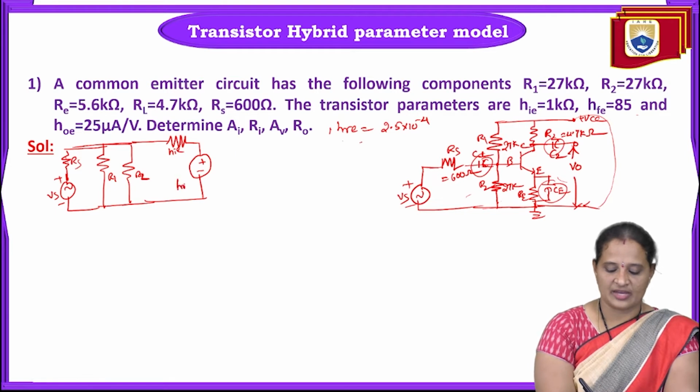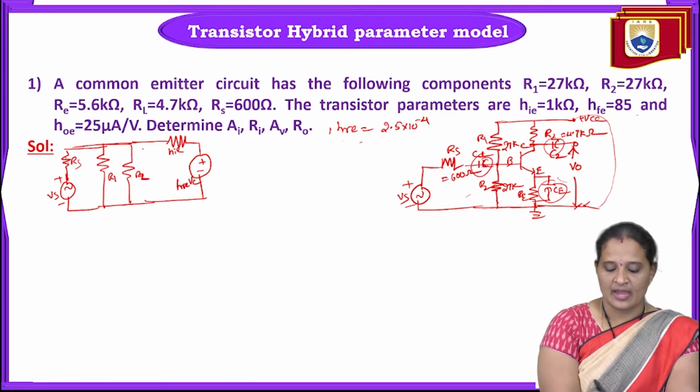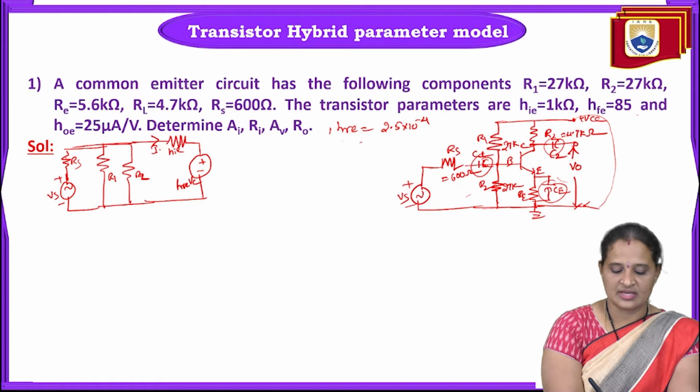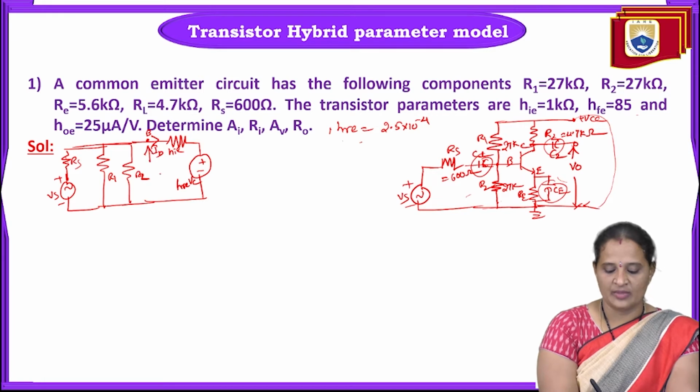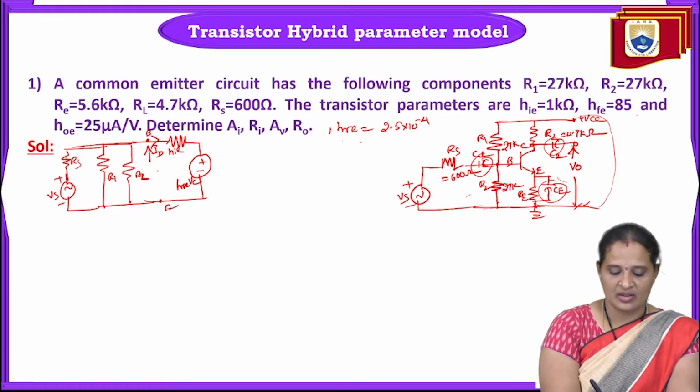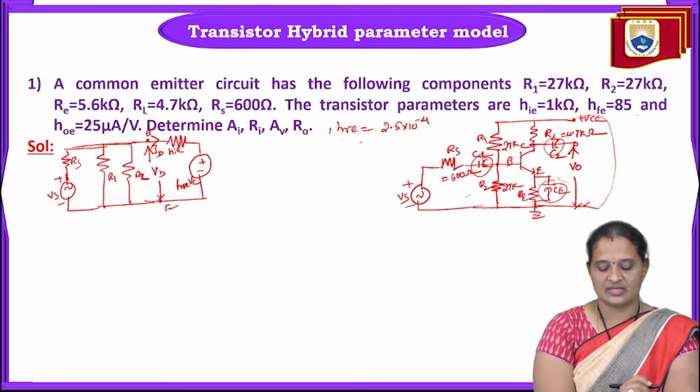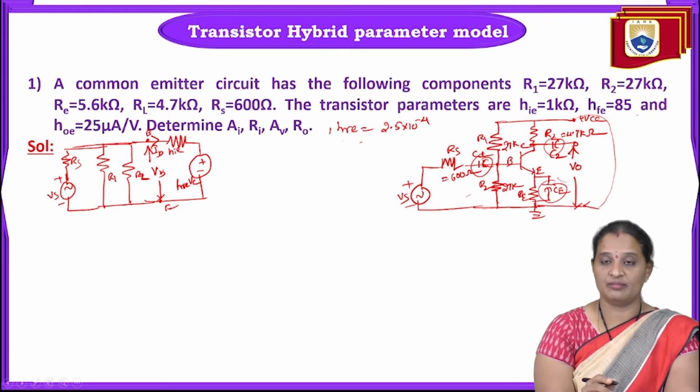Here this is the base terminal, so IB current is flowing, this is the emitter terminal, and the voltage across this one is VB.